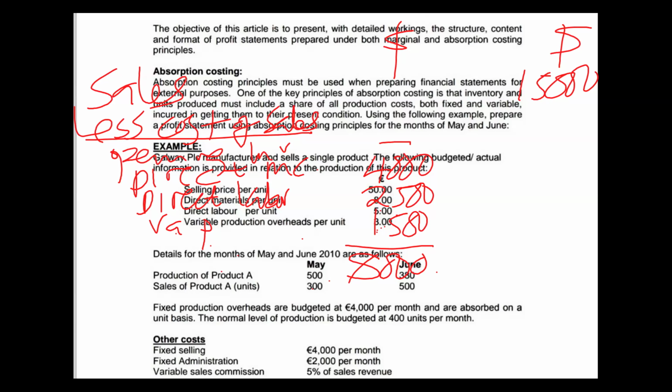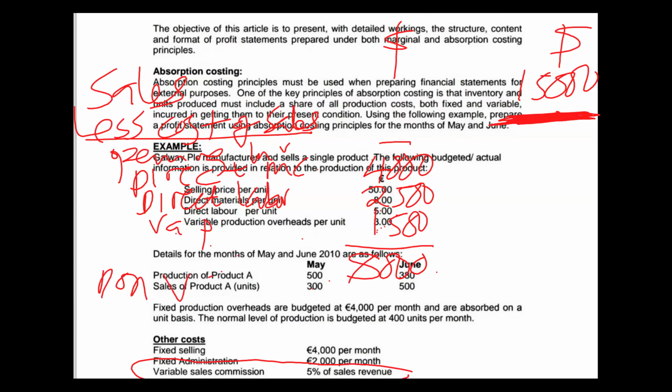So the non-production overheads, what is being said? It is the variable sales commission, 5% of sales revenue, which means 5% of the 15,000. So what is 5% of 15,000?